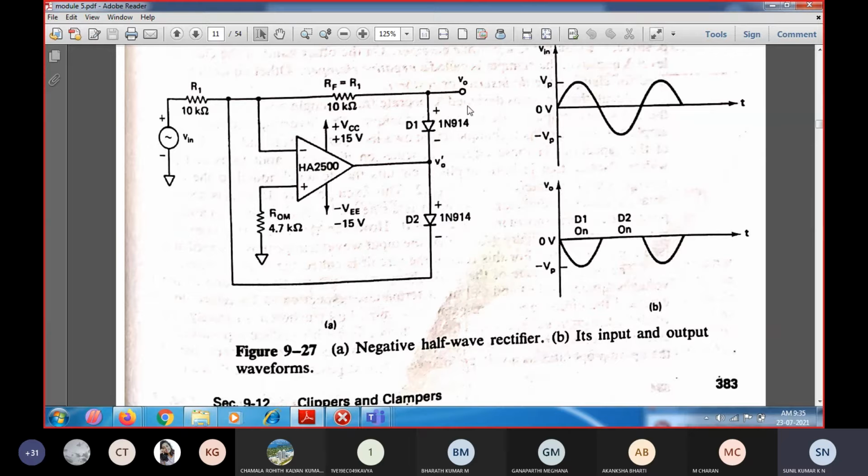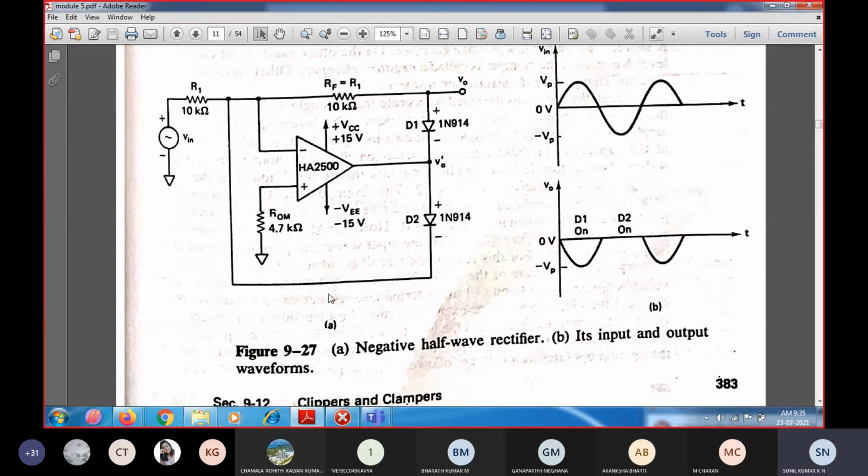Now what will happen during the negative half cycle of the input? Since the negative half cycle of the input is given to the inverting terminal, the output of the op amp will be positive going. Since the output is positive going, you can see the polarity of the diode: D1 is going to be reverse biased, whereas diode D2 is going to be forward biased.